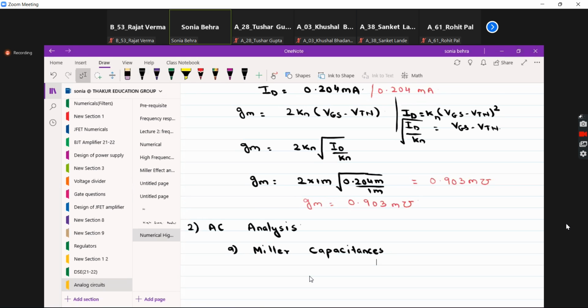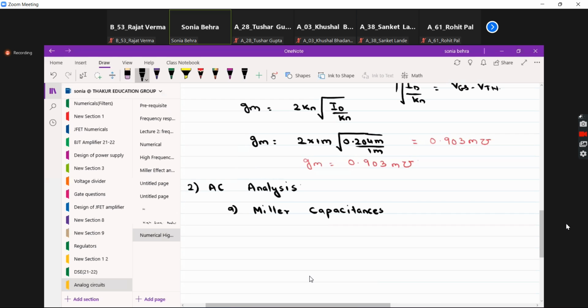And for Miller capacitances, you have to find out voltage gain AV.